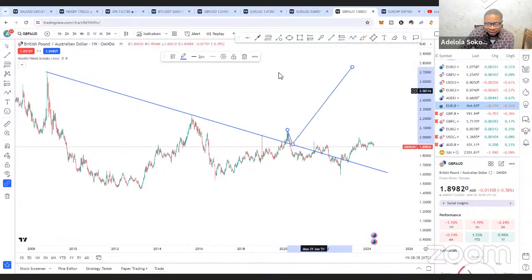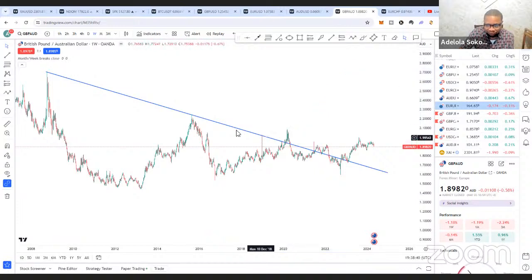But what you will notice is that even after breaking out from this channel, price broke out, pulled back, and then now it has broken out again. So probably in the next couple of months or so, we might have price still do this.